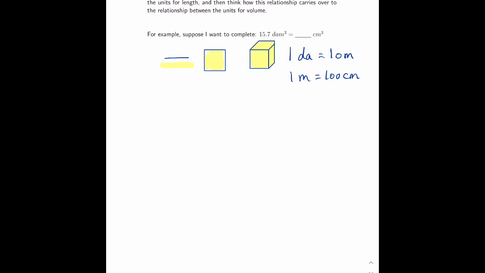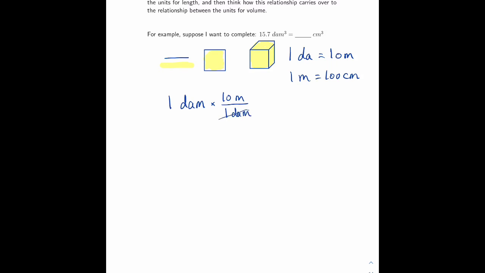So I am going to use my factor label method just because that's how I like to do it, to convert decameters to centimeters. So 1, not decameters cubed yet, just decameters. 1 decameter, I'm going to multiply this by 10 meters over 1 decameter.